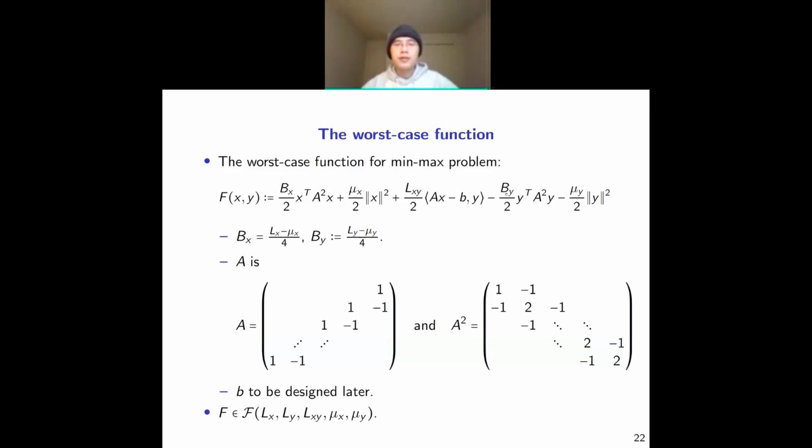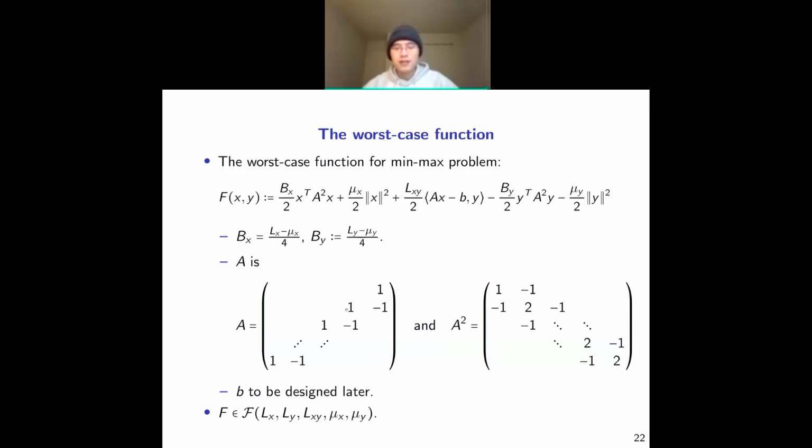So in this function, there are two things to be designed. So first, we have to choose this matrix A. I cannot say it's simple, but it happens that we can just use Nesterov's matrix in constructing the lower bounds for strongly convex minimization.